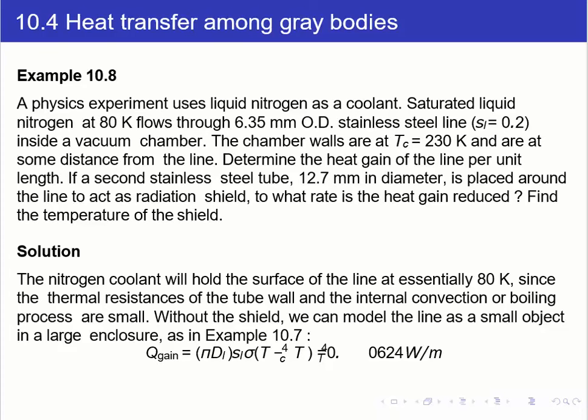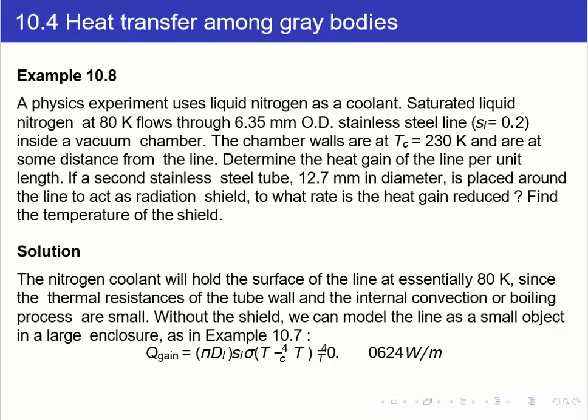The chamber walls are at Tc temperature, that is 230 Kelvin, and are at some distance from the line. Determine the heat gain of the line per unit length. If a second stainless tube 12.7 mm in diameter is placed around the line to act as a radiation shield, to what rate is the heat gain reduced? Find the temperature of the shield.